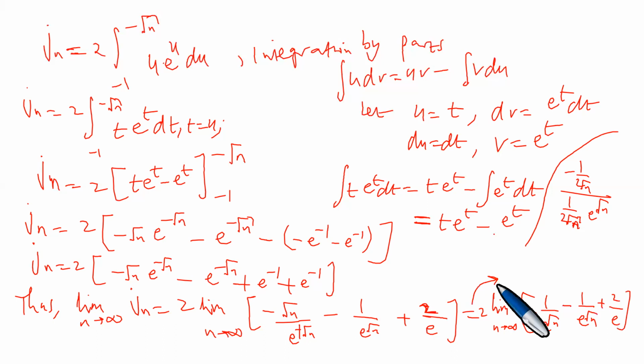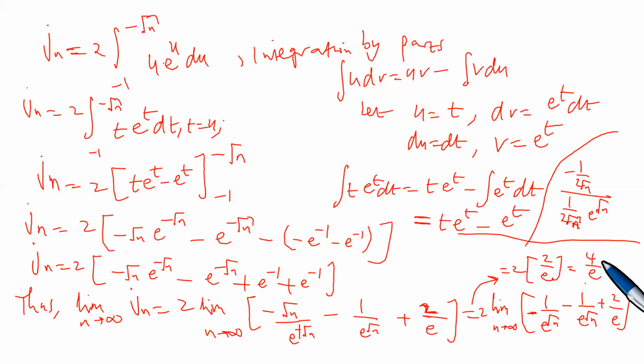What does this give us? This is 2 times this one, which is going to be 1 over infinity, 0. And then you have 2 over e, which is 4 over e. And 4 over e is a finite number, and therefore this one is convergent.